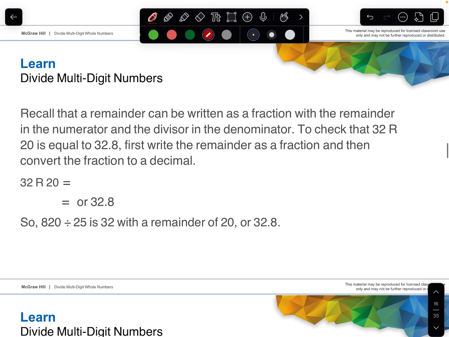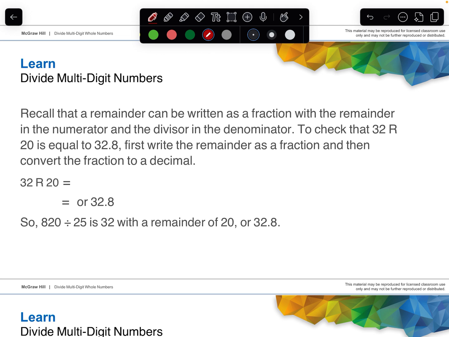Now, we know that a remainder can be written as a fraction with the remainder in the numerator and the divisor in the denominator. So, to check that 32 remainder 20 is equal to 32.8, we first write the remainder as a fraction.